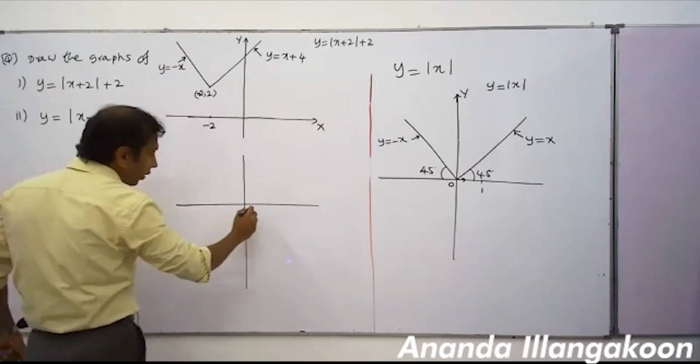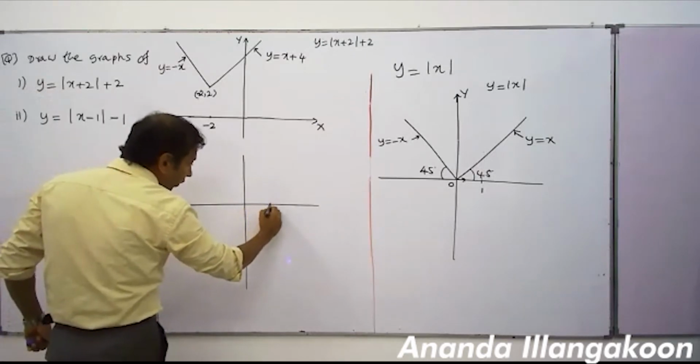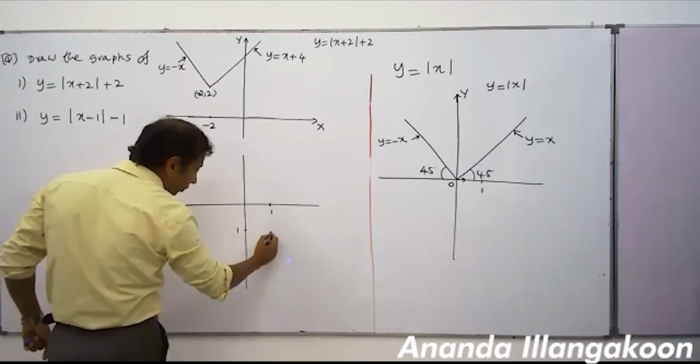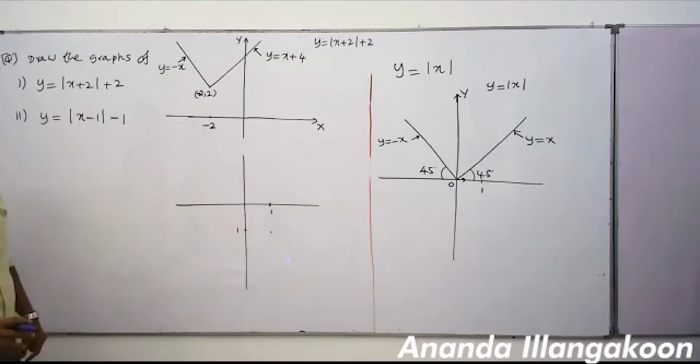We shift this by 1 unit to the right and bring down by 1 unit. Then the graph will be like this.